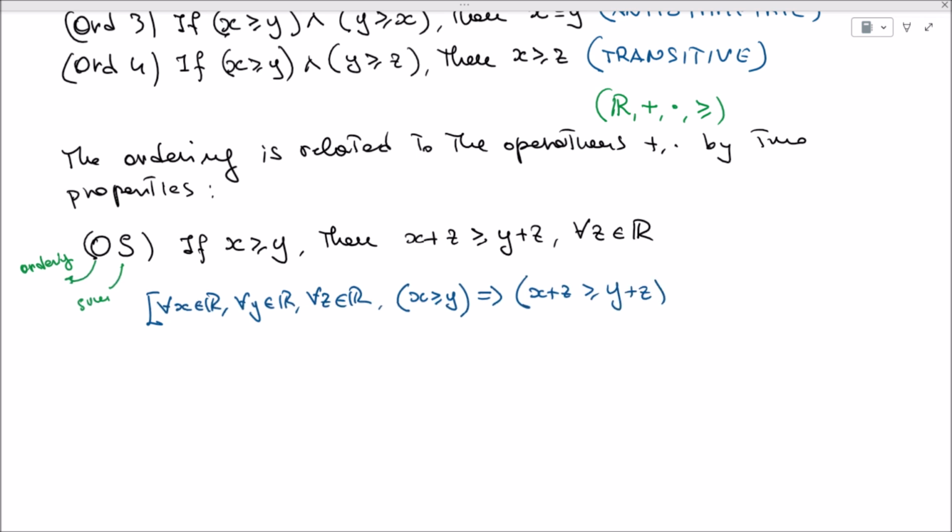So this is just a more formal way of representing exactly the same property.